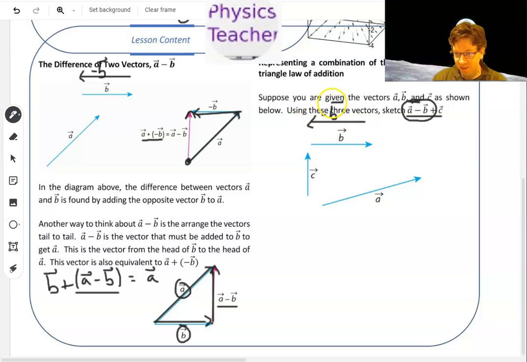There's negative B. And then I can take A. I'll just try and redraw it down here. So there's A. And then I'll add B to it, going from the tip of A to the tail of negative B, like this. All right. And that here would be A minus B.